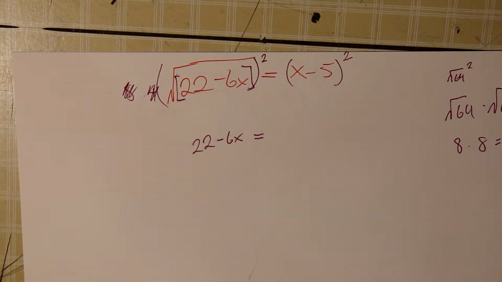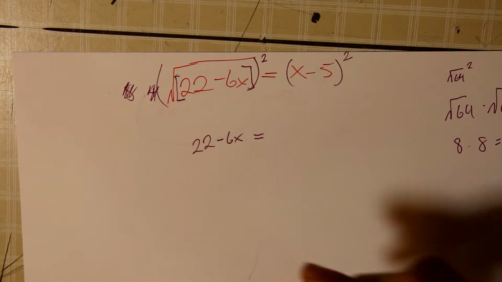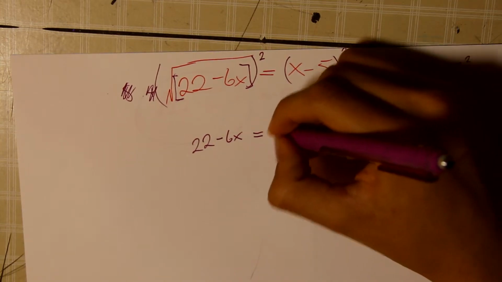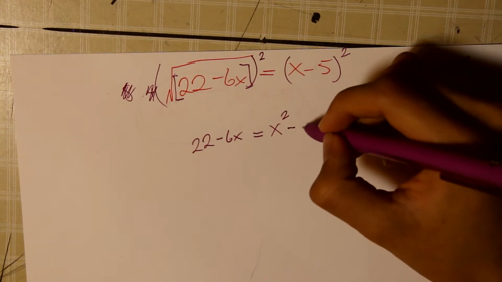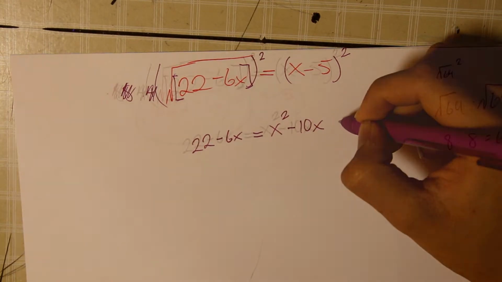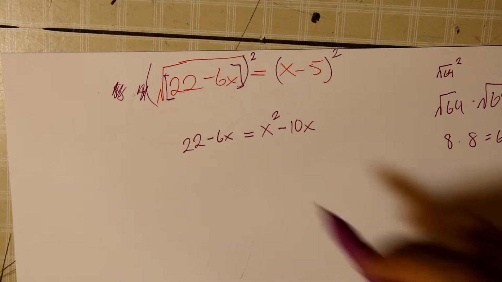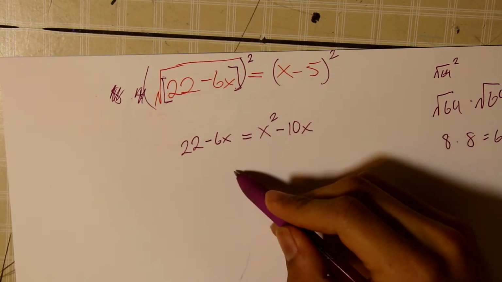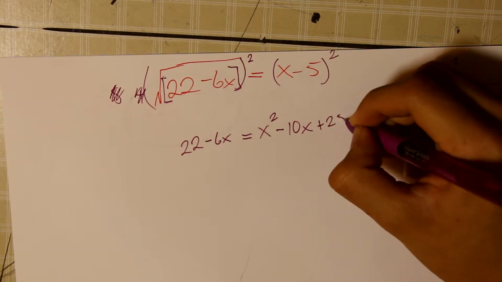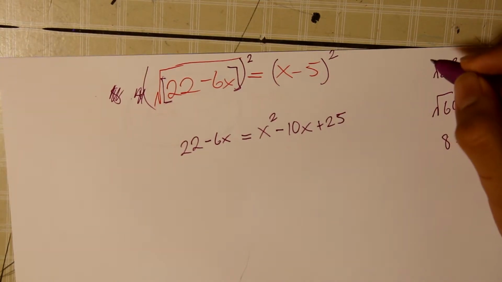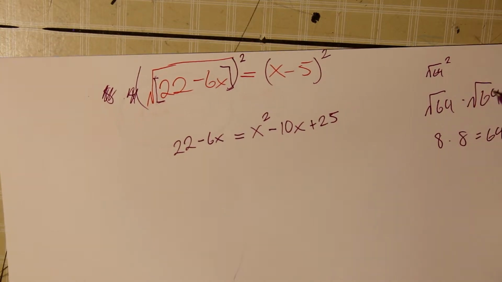And on the other side, we are left with x squared minus 10x plus 25 on the other side of the equation. And now Matthew will teach you how to solve the equation fully.